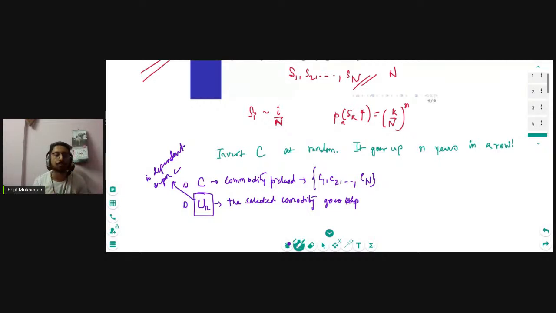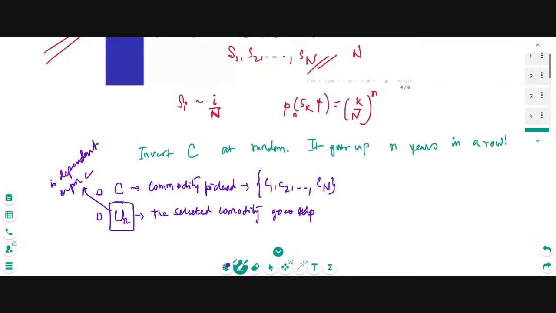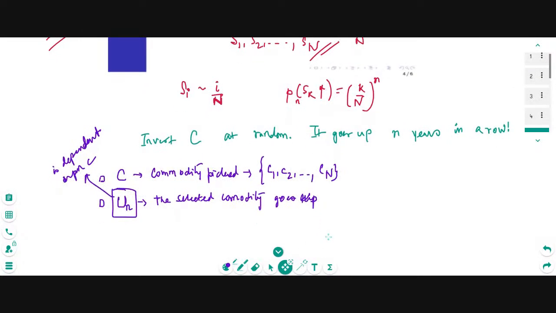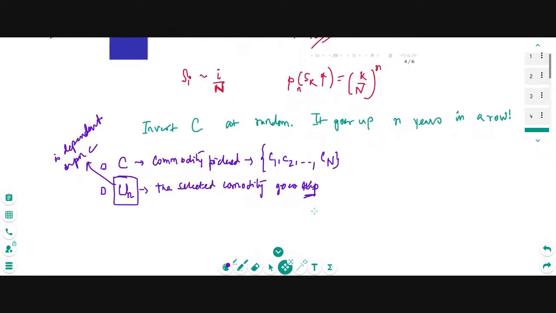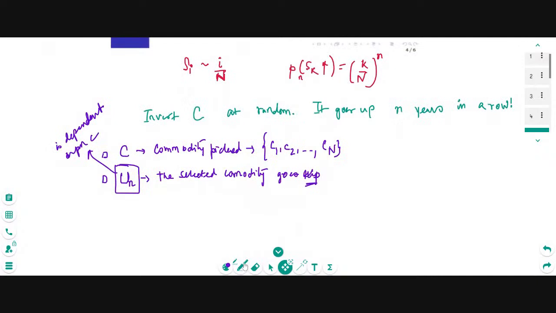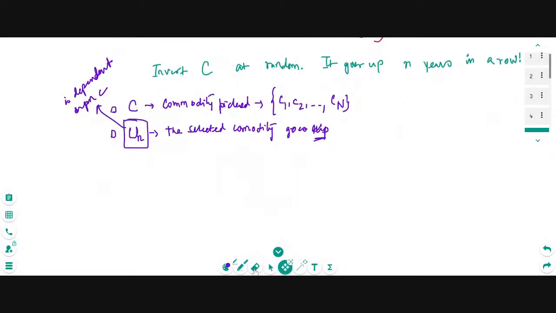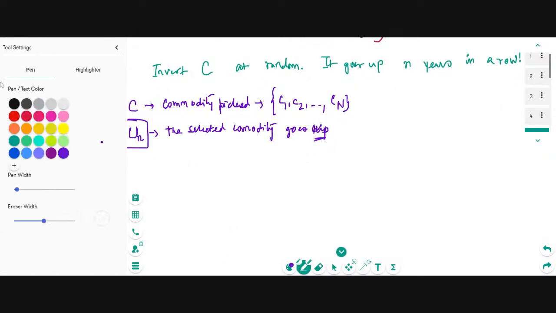You have to first write down the problem mathematically. So Un is that the selected commodity's price will go up, the random variable. We'll find the probability of Un. So what is required to find out over here is the following.